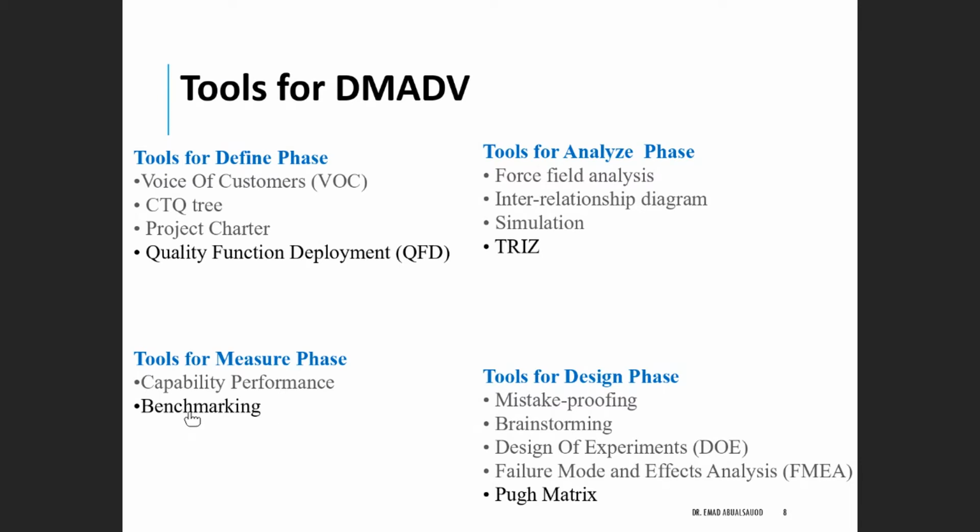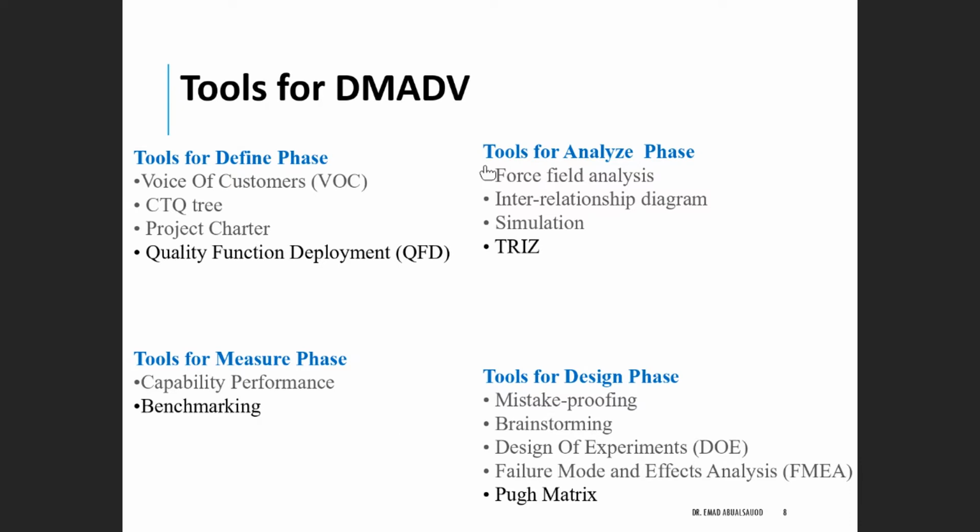Also here, benchmarking, which is one of the common tools used in business, as well as for design for Six Sigma. Before you start designing your product, see what the best practice in the market is, or compare your competitors in the market and see how they are performing before you do your design.